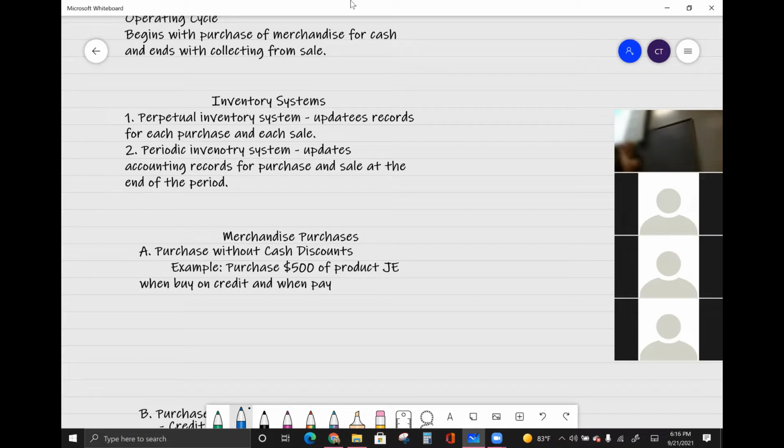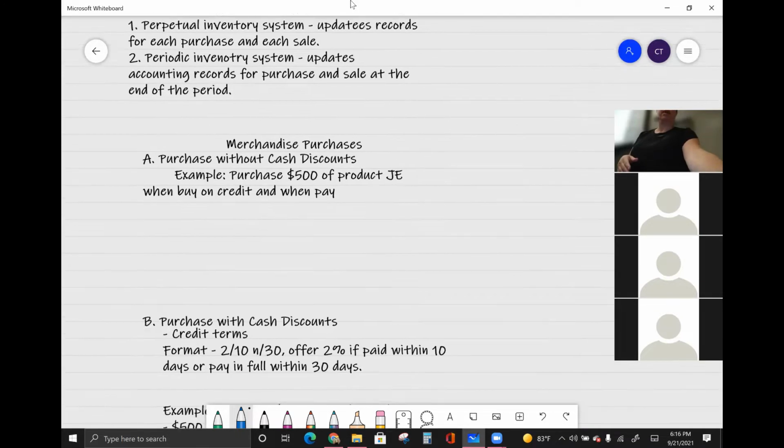We're only looking at that end point. How many did I buy? How many did I sell? And then we calculate it that way. So we'll do a little bit more of the calculations next week. But there's two. So perpetual is keeping track as you go. And then we have periodic, which is at the end of the period.